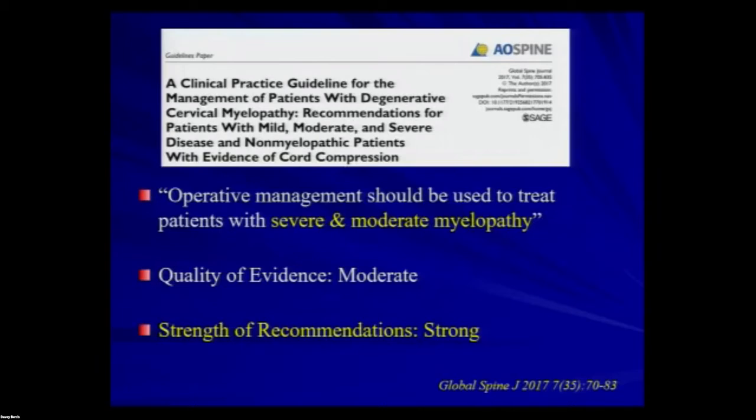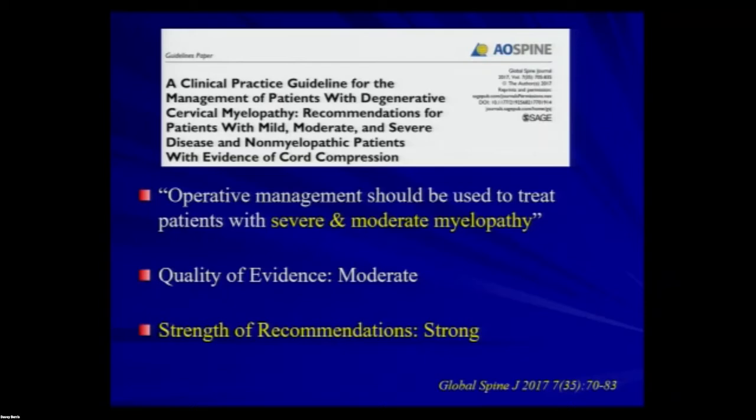We're beginning to get some pretty good quality evidence, and as a result, some of the spine societies, like the North American Spine Society, are beginning to make position statements on the best recommended approaches and appropriate use criteria. And this is one that came out 3 years ago from AO Spine, looking at patients with advanced myelopathy, either severe or moderate myelopathy.